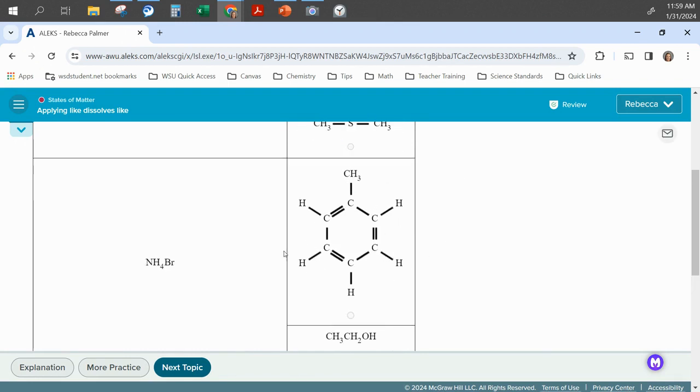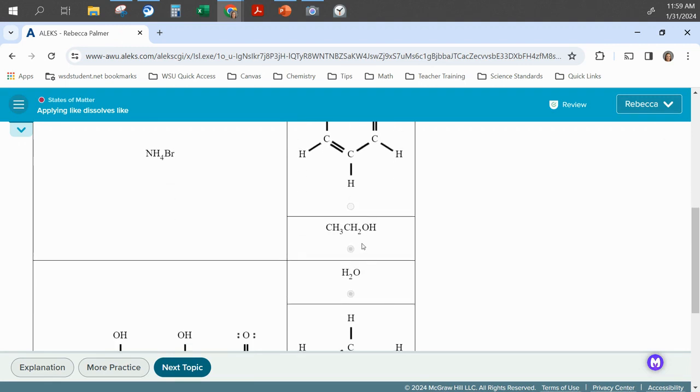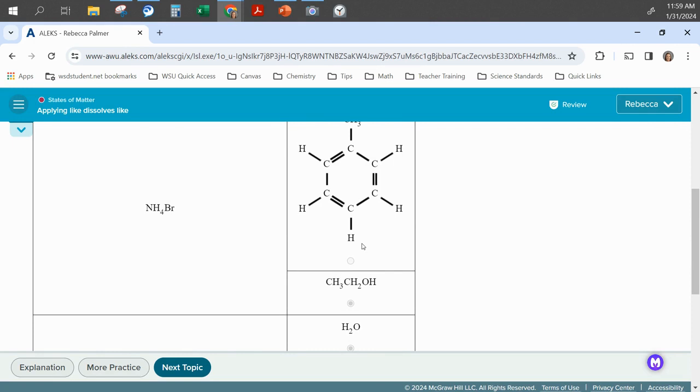This is non-polar. It has lots of carbons. One side's a little different, but this would be the better one. But I thought it was CH8. Yes, this part of the molecule is non-polar, but we have an OH group, which makes one side, the oxygen side, more negative.